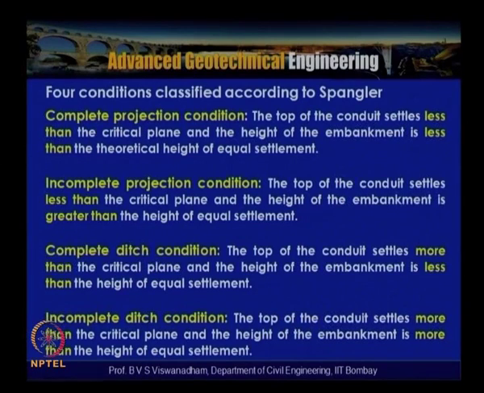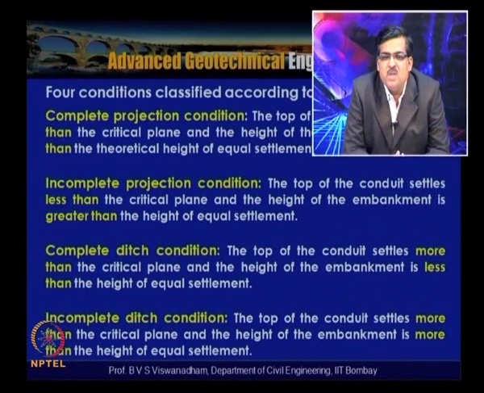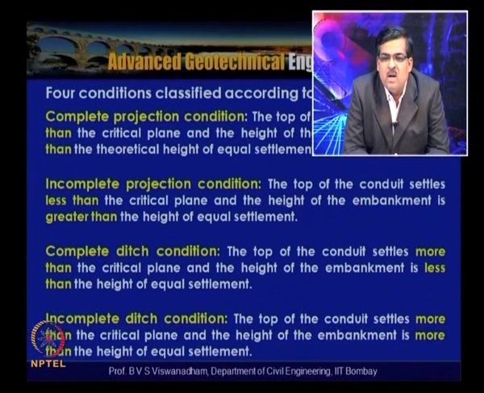In case of complete ditch condition, the top of the conduit settles more than the critical plane and the height of embankment is less than the height of equal settlement, which is an imaginary case. Incomplete ditch condition, where the top of the conduit settles more than the critical plane and the height of the embankment is more than the height of the equal settlement.